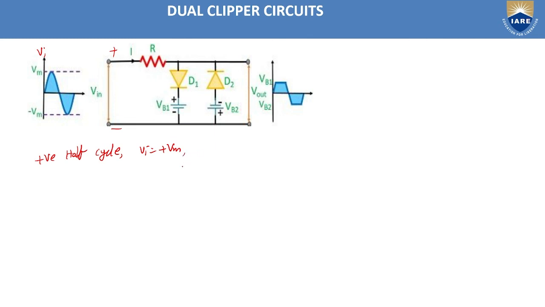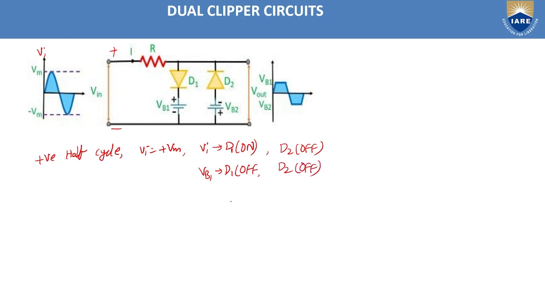In this case, Vi is making the diode D1 into on state, and Vb1 is making the diode D1 into off state, and similarly Vi is making the diode D2 into off state, and Vb2 is also making the diode into off state.